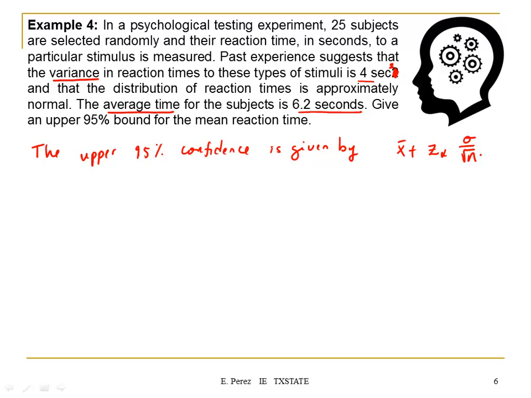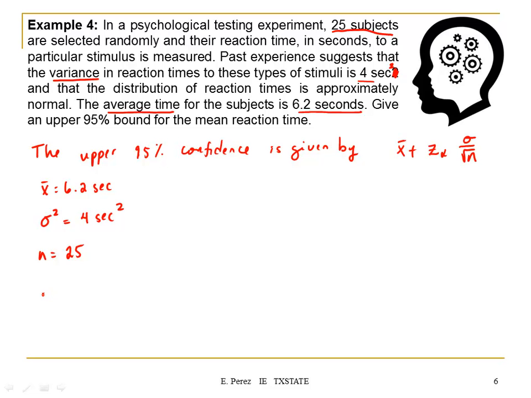So again, alpha is not divided by 2, and we know the value for x bar. This is 6.2 seconds. We know the population variance is 4 seconds squared, and we know n. What is the value of n in this problem? 25. That's correct, because we have 25 subjects. So that's the sample size.